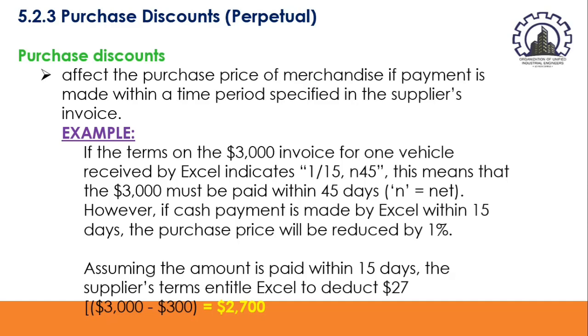So assuming the amount is paid within 15 days, the supplier's terms entitle Excel to deduct $27. That is, $3,000 minus $300, so the total would be $2,700. So the payment to the supplier would be recorded as this one, okay?